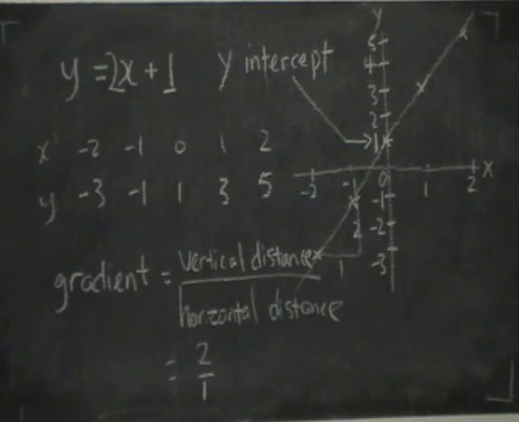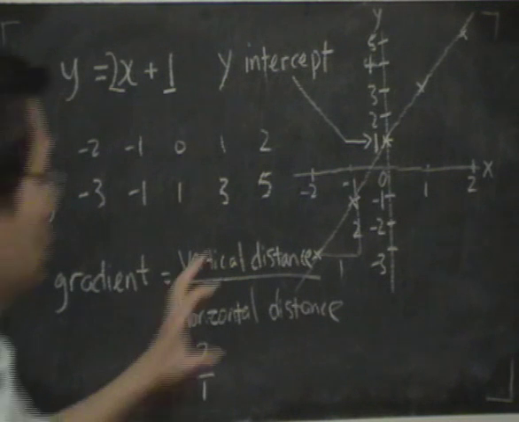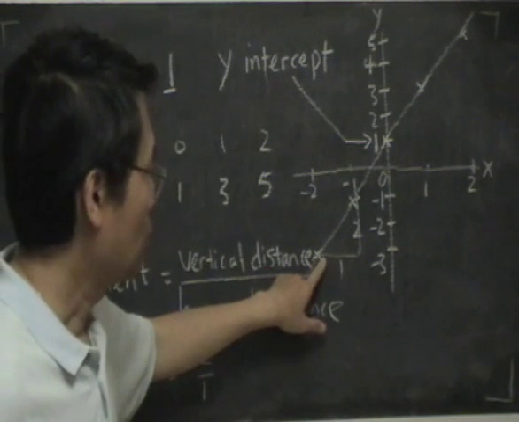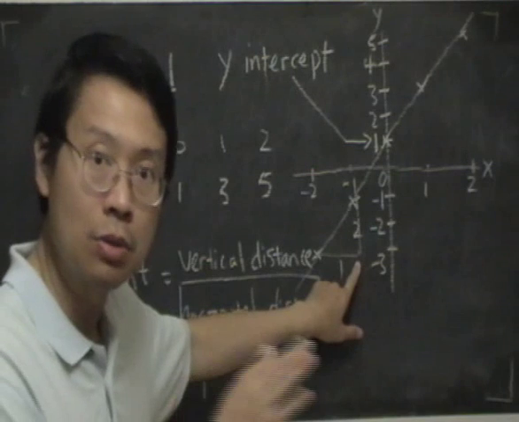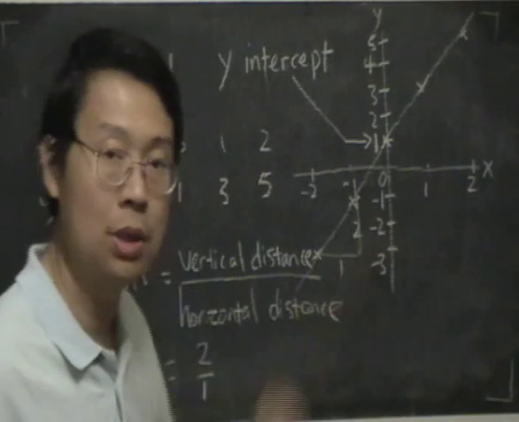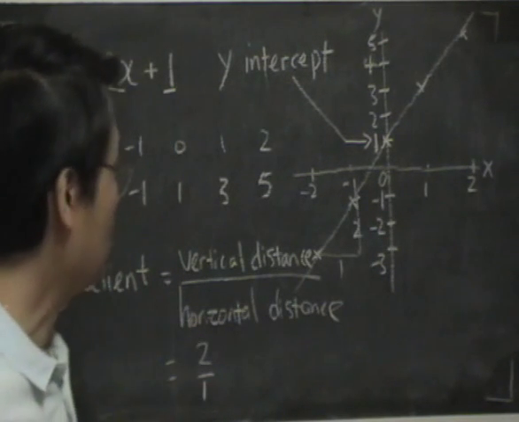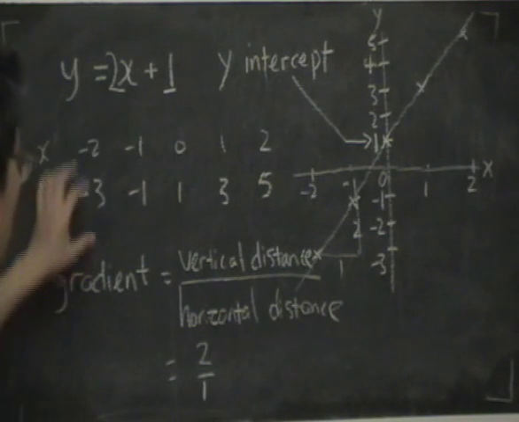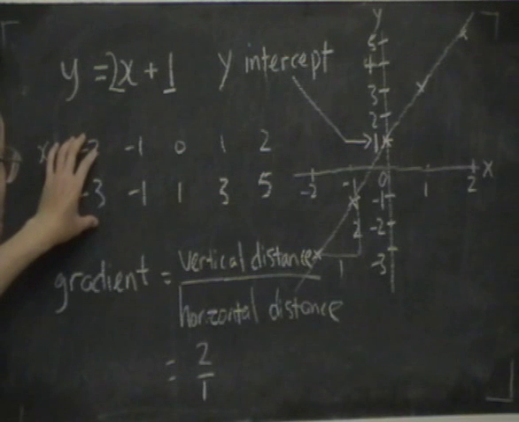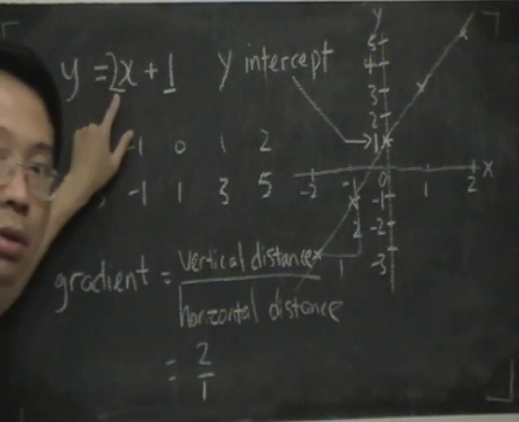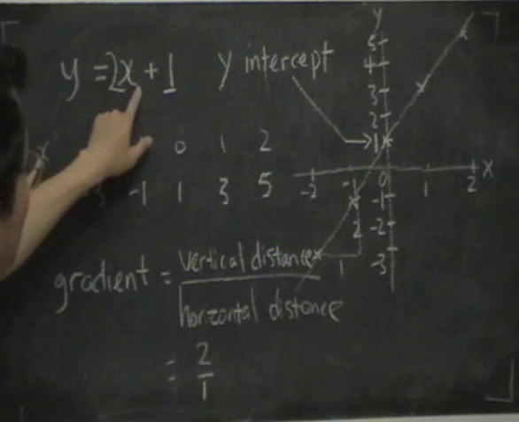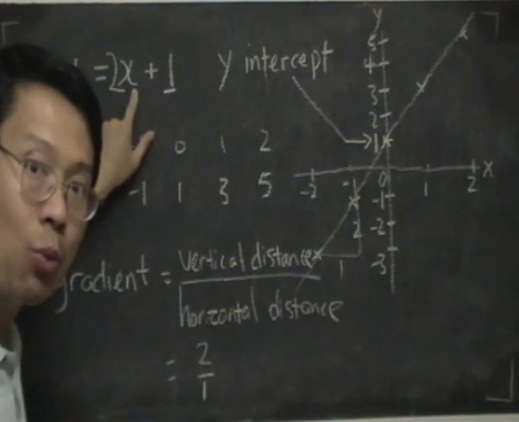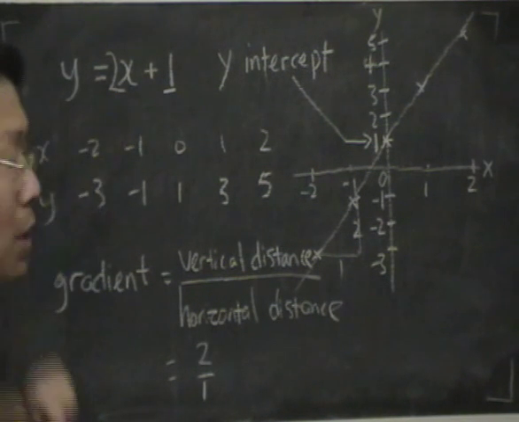And so because when it goes by 1 unit in the x, it goes up by 2 units in the y, the gradient is 2. And if you remember, the 2 comes from there, because each time x increases by 1, that increase is multiplied by 2.